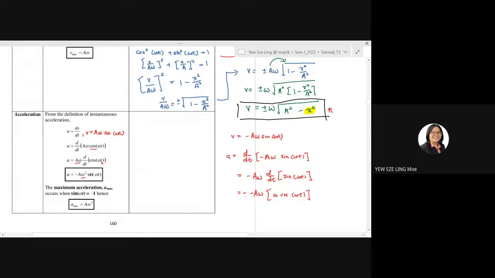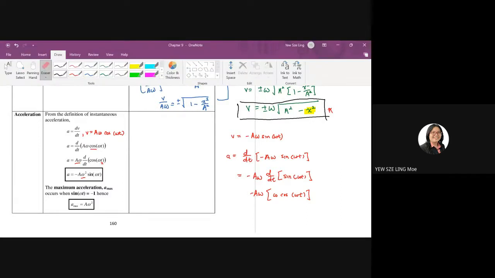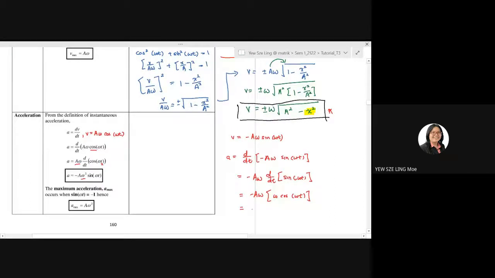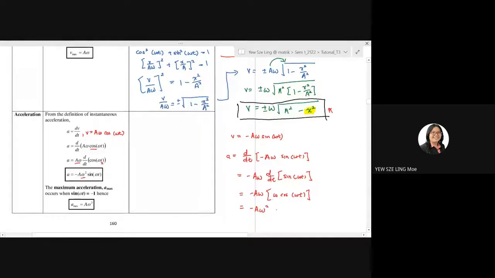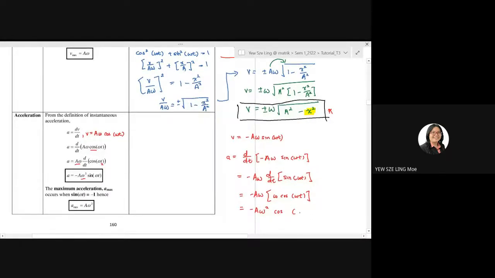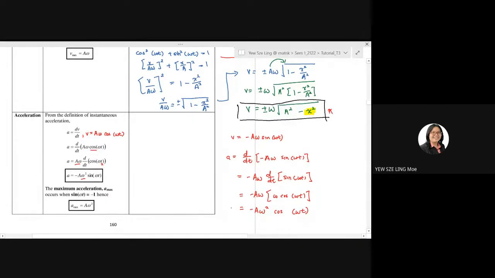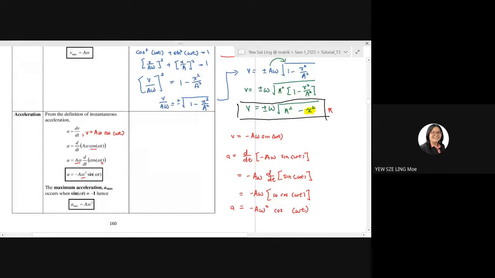Why am I having two negatives here? It should be just one negative, right? So the final answer would be negative A omega square cos omega t. You still have a negative sign here. So a is equal to negative A omega square cos omega t.